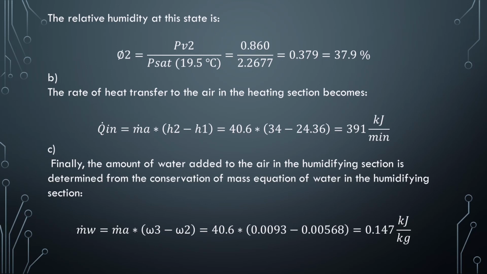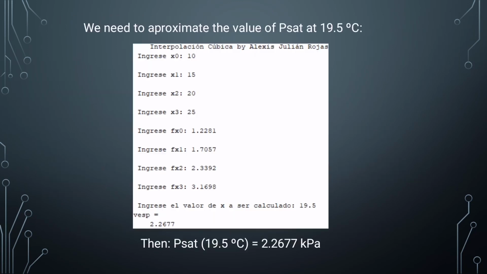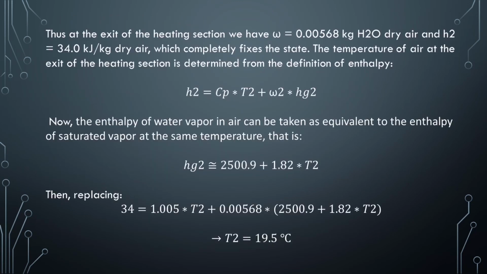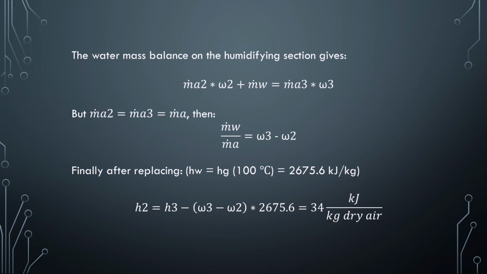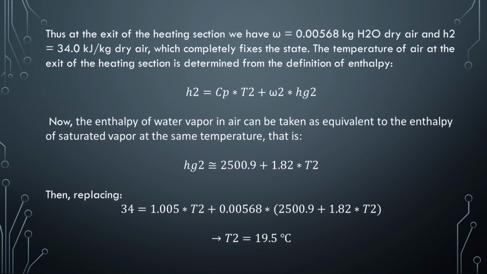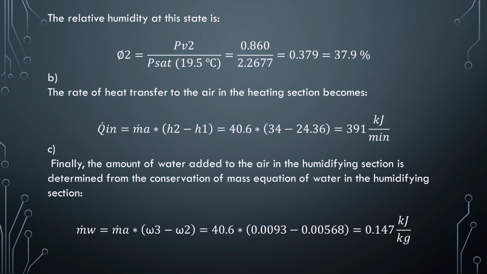This equation we have just calculated before. Here, just replacing, we get the mw dot is 147 kilojoule per kilogram, and that's all.